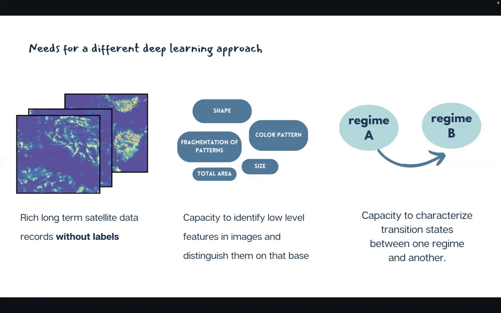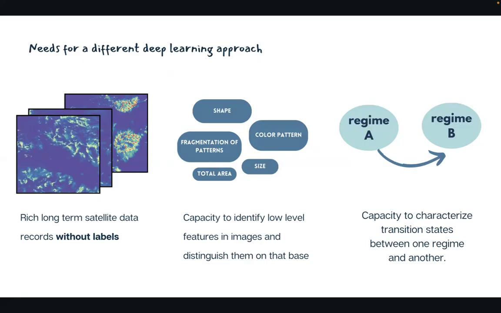And we wanted an algorithm that was able to identify low-level features in images and distinguish these images based on these low-level features. What am I talking about when I say low-level features? I'm talking about cloud shapes, fragmentation of patterns, area of clouds, size of the clouds, color patterns.